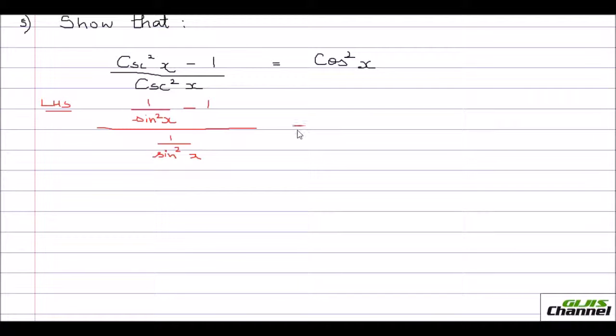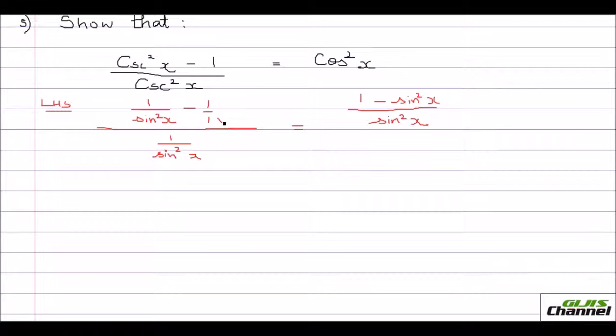So now let me take the LCM on the numerator. Since it is a fraction on this side, I just make the denominator as 1. So how do you do fraction addition? So that's a sine square x underneath, and you would get 1 minus sine square x. I tell you what I did.